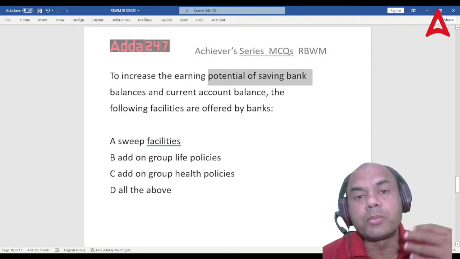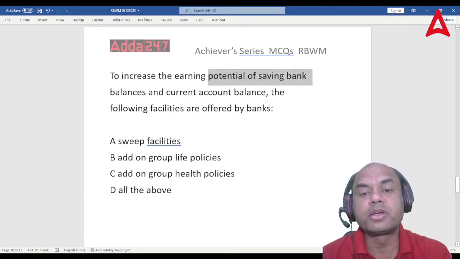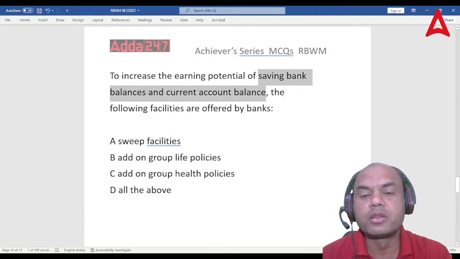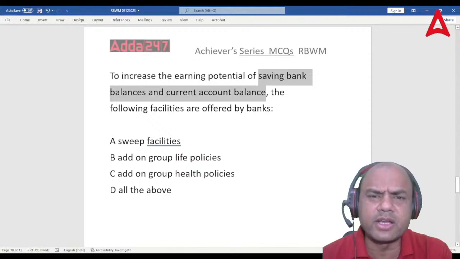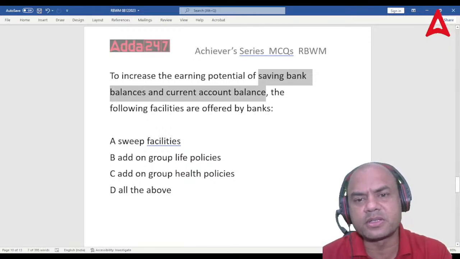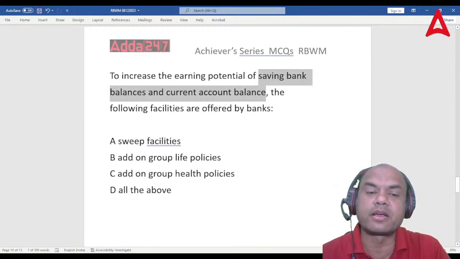If I have more balances in my savings bank, then I'll earn more. Why? Because savings bank is a low cost deposit, saving and current, both low cost deposit. Why? Because we don't give any interest on current. On saving we give hardly 3.5 to 4%, right? So that's why we have to earn a lot on the savings bank account.